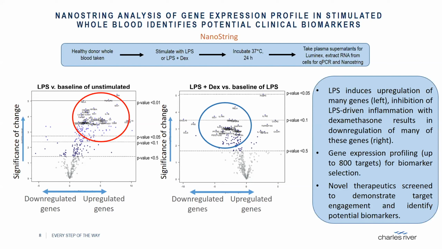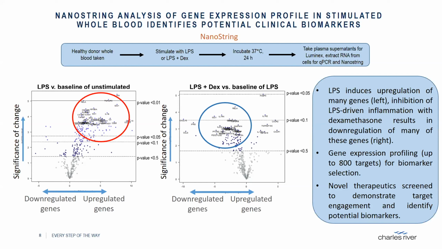But in the context of this in vitro assay, we're stimulating blood with LPS with or without this inhibitory agent. And after an incubation period, we're taking the supernatants and looking at secreted proteins by Luminex, which I'll describe on the next slide. And the RNA is extracted from the cell fraction and analyzed using qPCR and NanoString.